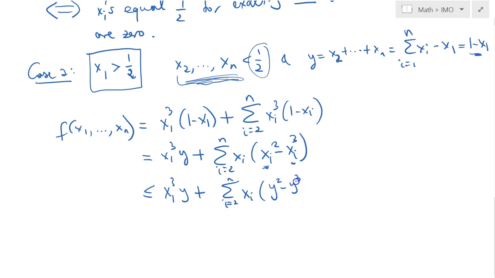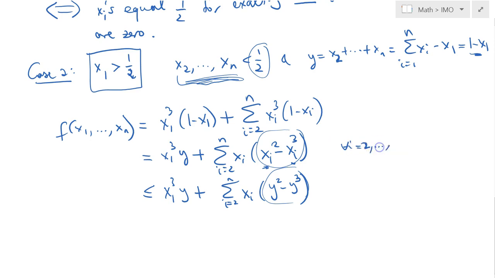minus y cubed. And why? Because each of these xi's from 2 to n is less than or equal to y, so this expression will be less than or equal to that expression. Let me write that down.